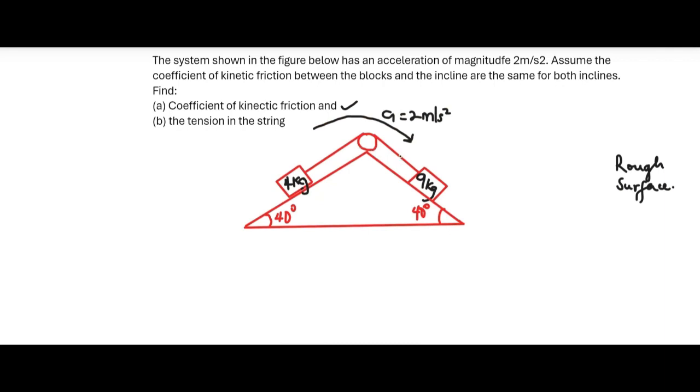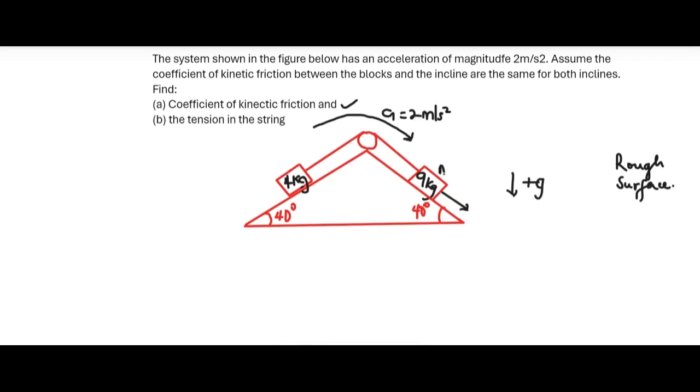Now, if the body accelerates in that direction, it means that the weight bringing this object downwards is going to be positive because the body is moving in favor of gravity. Provided that this is our first mass and this is our second mass. Hence, we have plus M1g. The body is inclined. So we have sine 40 degrees.